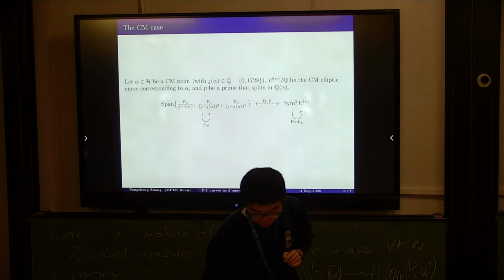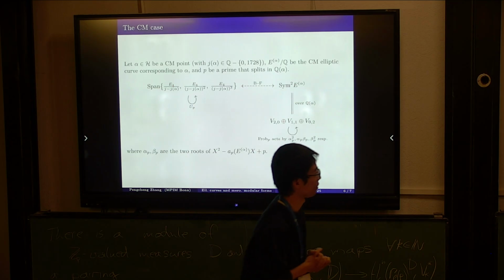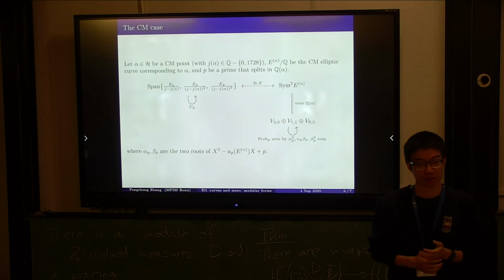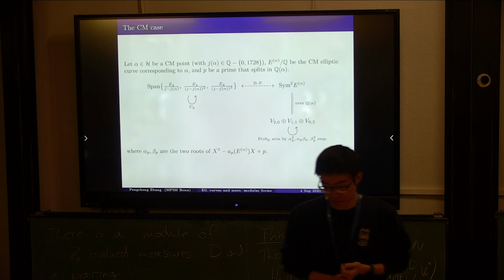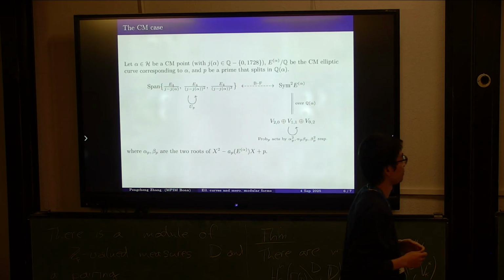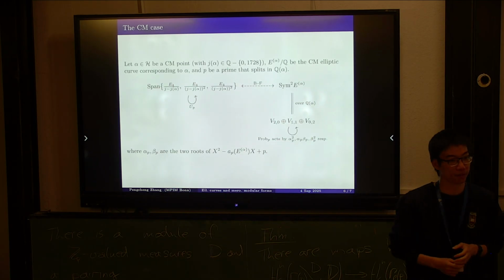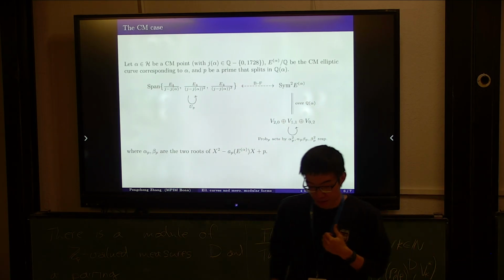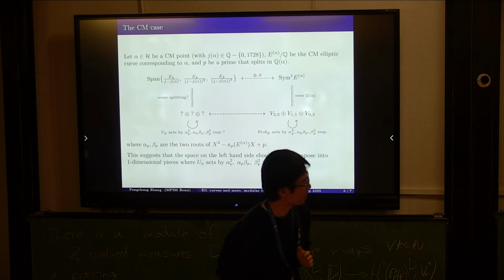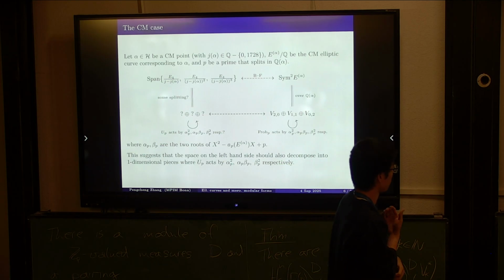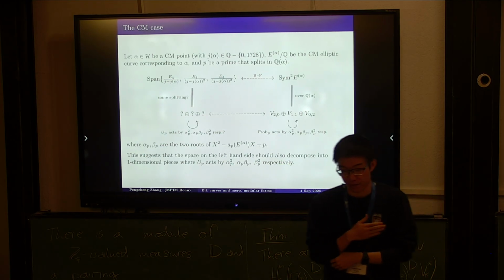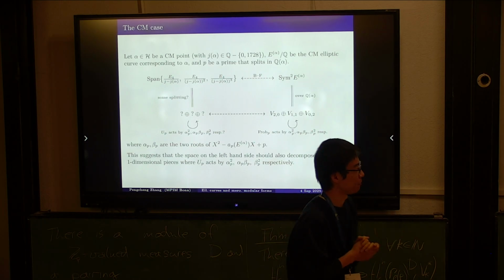On the elliptic curve side, because we are in the CM case, over the CM field it should split into three one-dimensional pieces. On each piece, the Frobenius at p should act as a scalar: alpha_p squared, alpha_p beta_p, and beta_p squared, where alpha_p and beta_p are still the two roots as before. This means that on the modular form side we should also expect some splitting, where U_p acts as these three eigenvalues respectively.